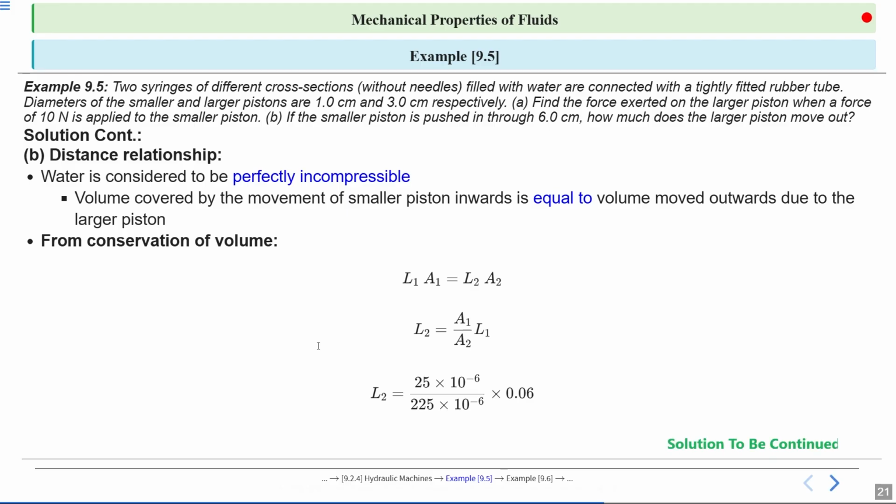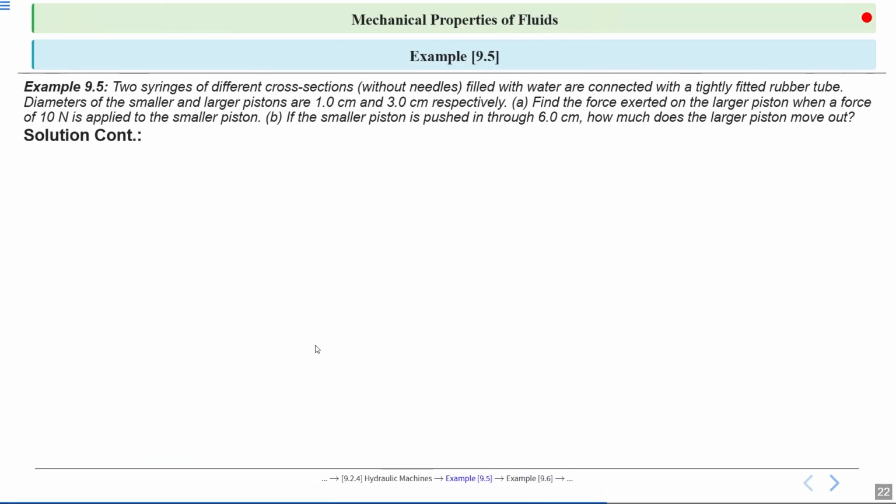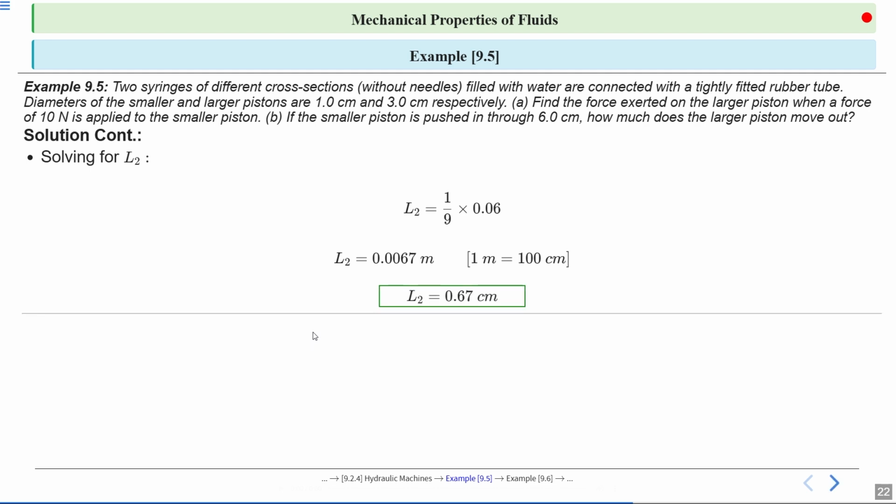Solving for L2, L2 equals 1 by 9 into 0.06. So L2 equals 0.0067 meter, so L2 equals 0.67 centimeter. This shows the actual distance the larger piston moves out.